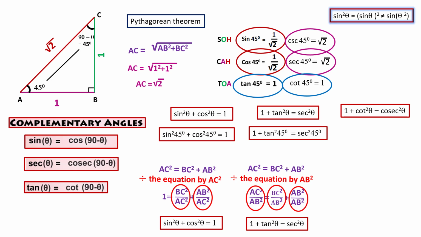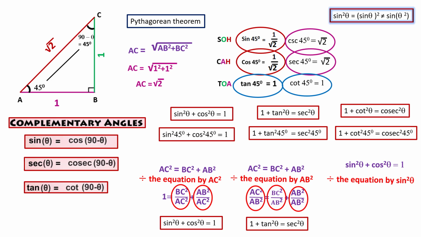Now to prove this identity, 1 plus cot square theta is equal to cosecant square theta, take the first identity, that is sin square theta plus cos square theta is equal to 1, and then divide this equation by sin square theta. Then you get sin square theta by sin square theta, which is going to cancel.